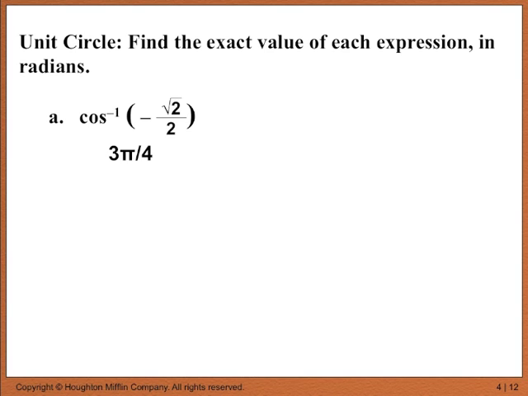So if you find an angle in the fourth quadrant that does have an x-coordinate on the unit circle of negative root 2 over 2, that cannot be the answer because it's out of the range of the inverse cosine function. The only angle within the range of the inverse cosine function, in the interval 0 to pi, which has a cosine of negative root 2 over 2, is the angle 3 pi over 4. 3 pi over 4 is the angle whose cosine is negative root 2 over 2.